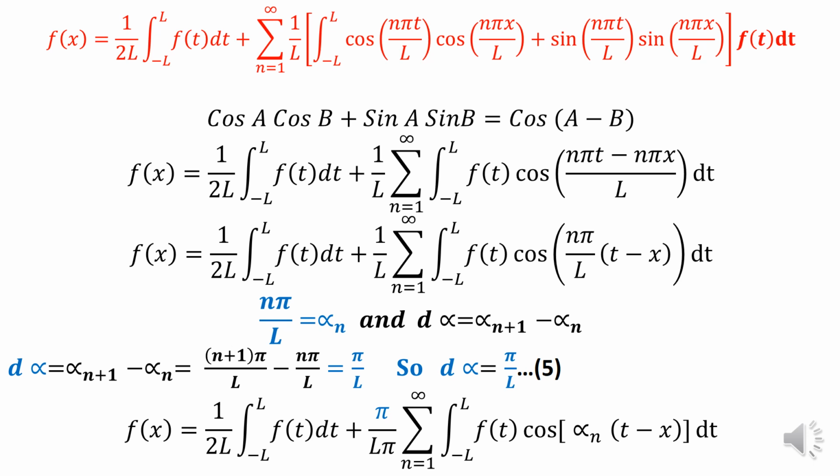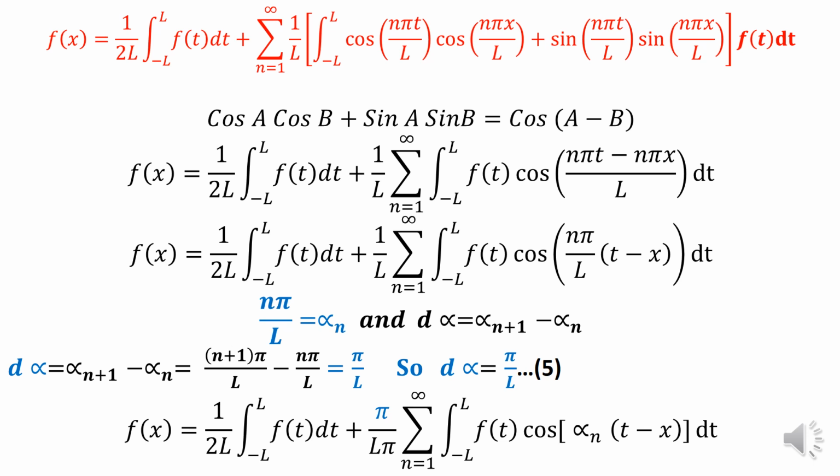You can put all the values simply: (n+1) pi/l minus n pi/l. So basically delta alpha will be equal to pi/l.